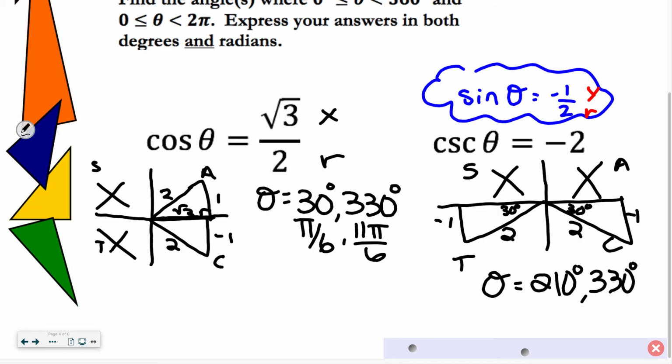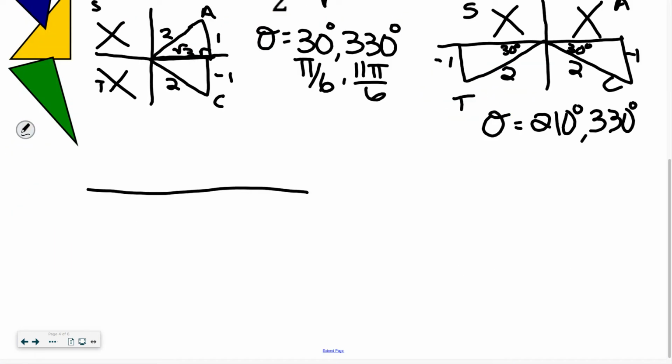I think it's really handy on these to use your reference angles for the radians. So isn't 30 pi over 6 right there?